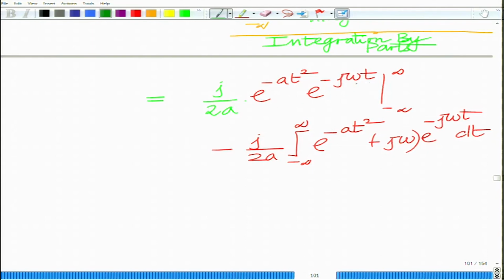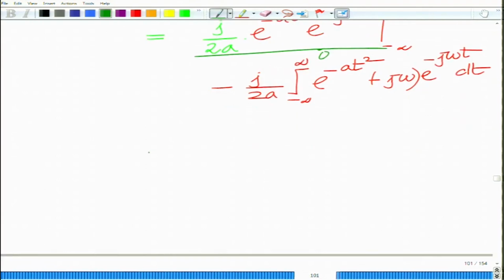Now, if you substitute the limits, you can see e raised to minus a t square when t equal to infinity as well as t equal to minus infinity, this is 0. So, this term goes to 0. So, what we are left with, and we can bring the j outside. So, minus minus becomes plus, j into j is minus 1. So, this is minus 1 over 2a times, in fact, you can also bring the omega outside, because the omega does not depend on the variable of integration, that is t.